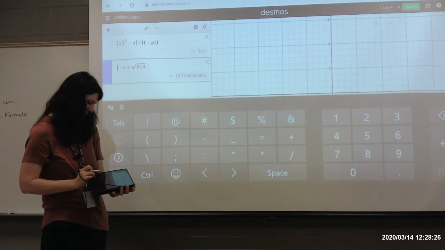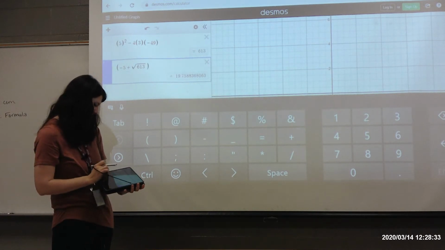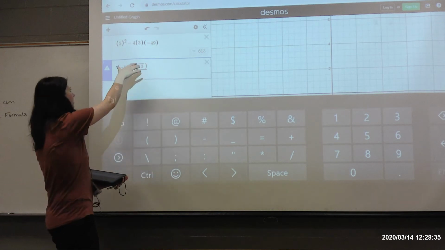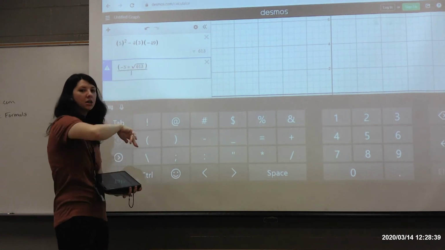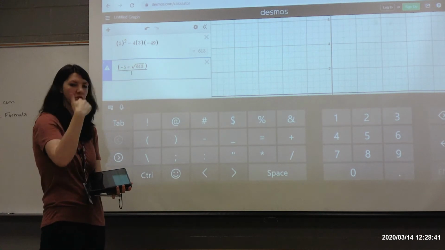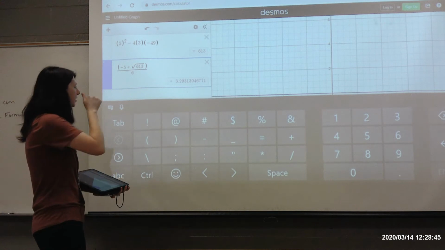And then if I press the division button here, see how it put all of this in the numerator? So as long as your whole numerator is on top of the fraction, then you're good. Otherwise, you need to do it in two separate steps. Okay, we're going to round to the hundredths.